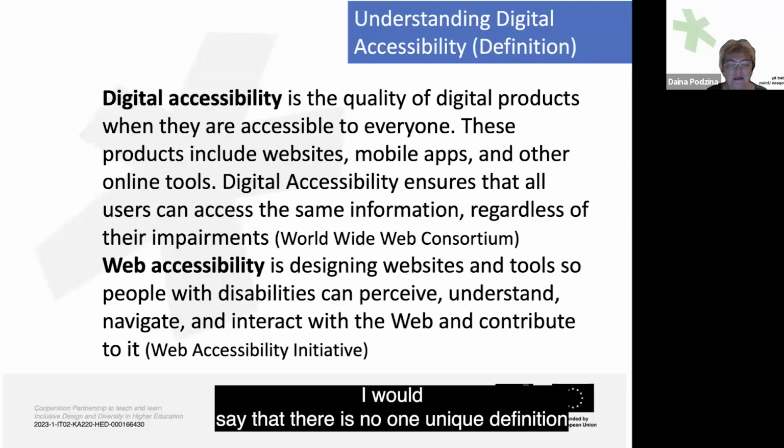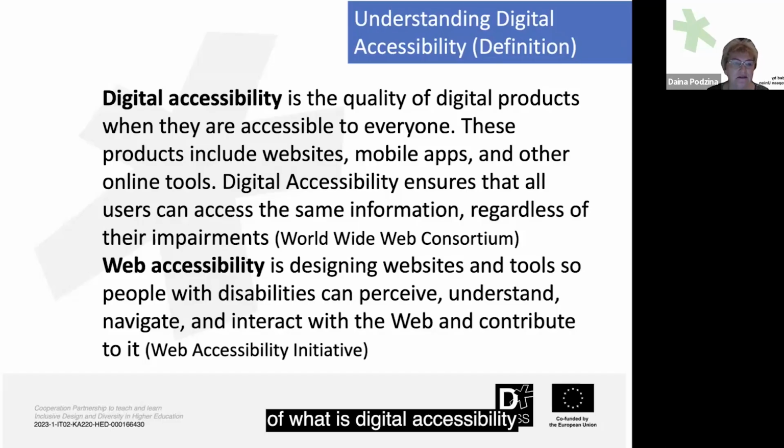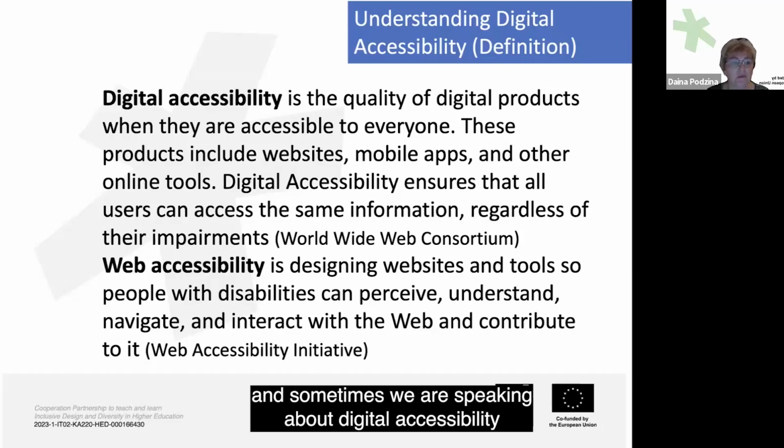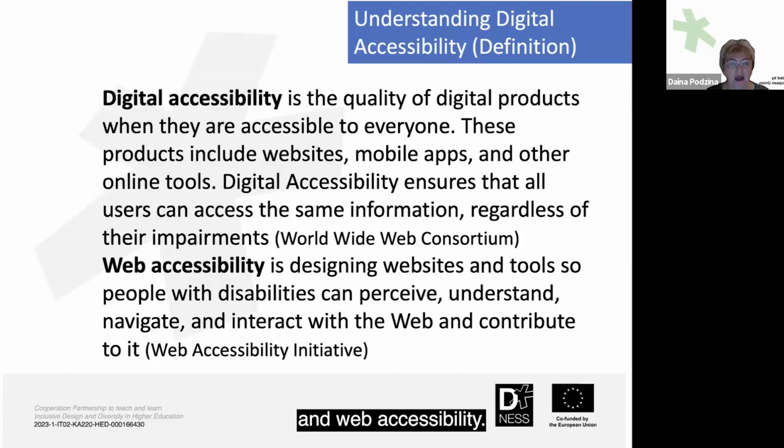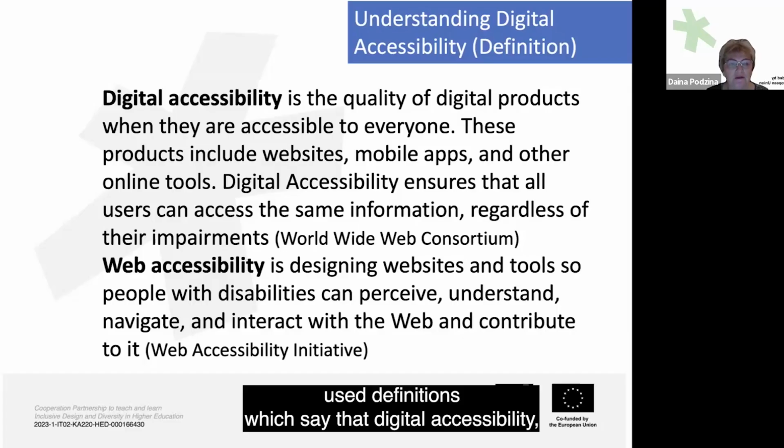I would say that there is no one unique definition of digital accessibility, and sometimes we speak about digital accessibility and web accessibility. Here you can see the two most used definitions.